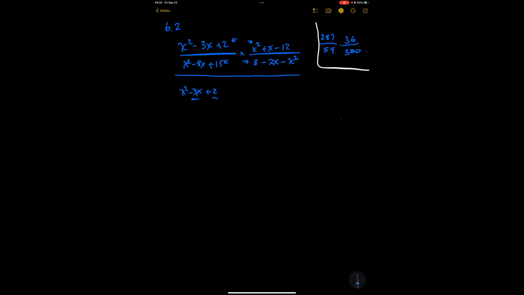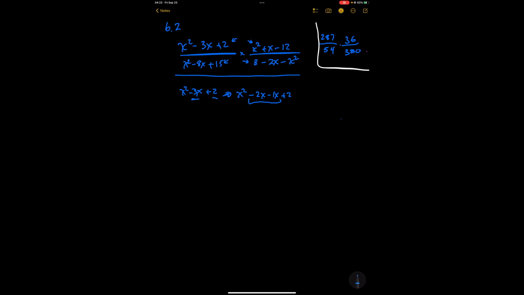So I'm going to expand this as follows: x squared minus, and in this case the two numbers to add together to get 3 will be a -2 and a -1, right? Because -2 minus 1 is -3.